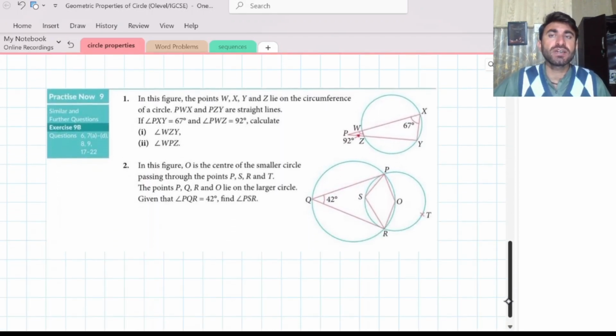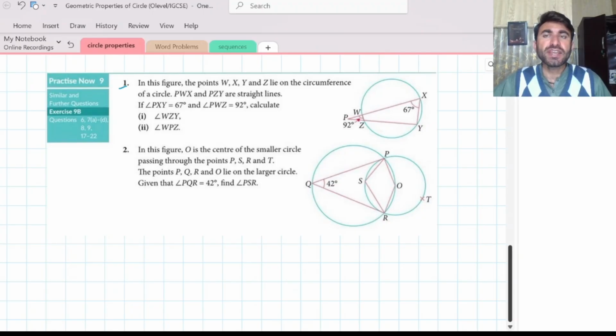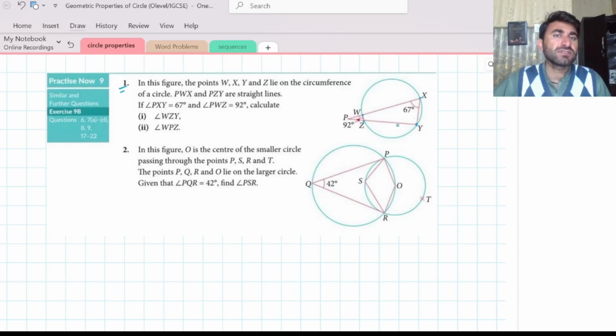It is practice now 9, and in question 1 it states, in this figure the points W, X, Y and Z lie on the circumference of a circle. PWX and PZY are straight lines. We can see these points on the circumference W, X, Y and Z, and they are all connected with the chords WX, XY, ZY and WZ as well over here.